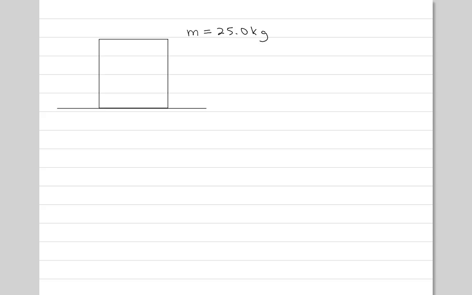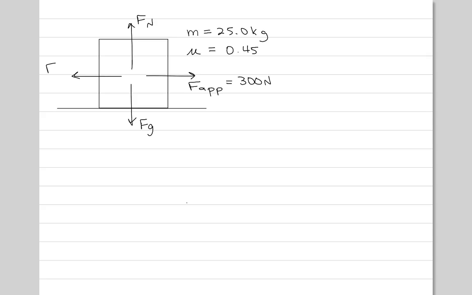So I'll give you the mass of the box. I'll give you a coefficient of friction. I'll give you an applied force. And I'll say find the force of friction.